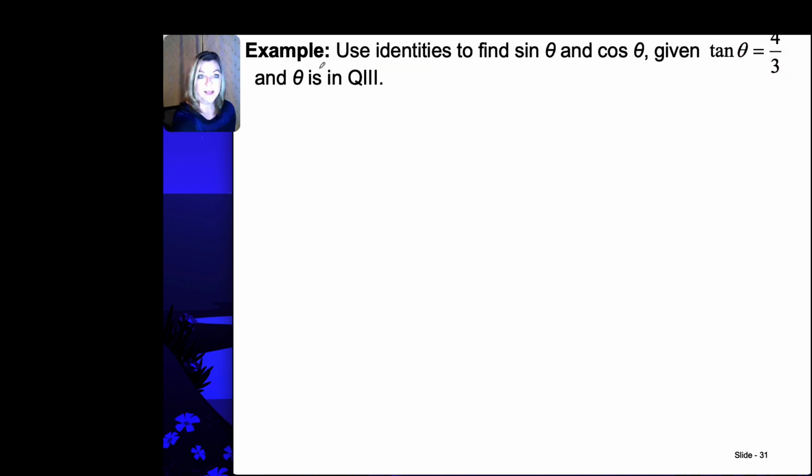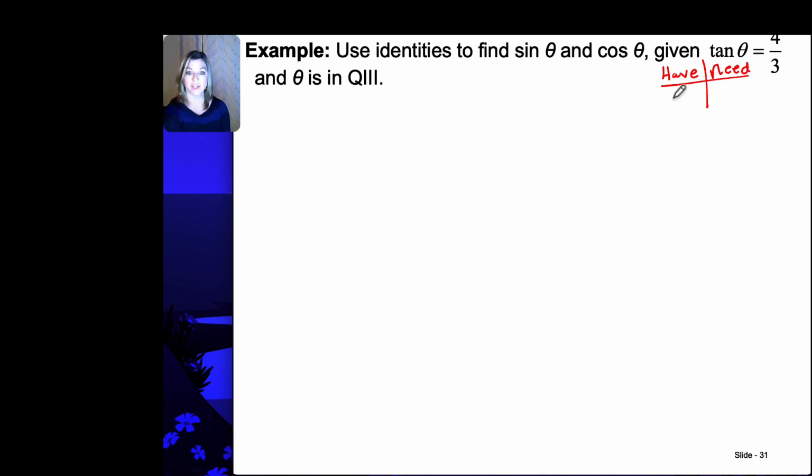We have one more slide and we are done with chapter 1. All right, here we go. Last slide for chapter 1. Use identities to find sine and cosine given tangent is 4/3 and theta is in quadrant 3. I'm going to list what we have and what we need.